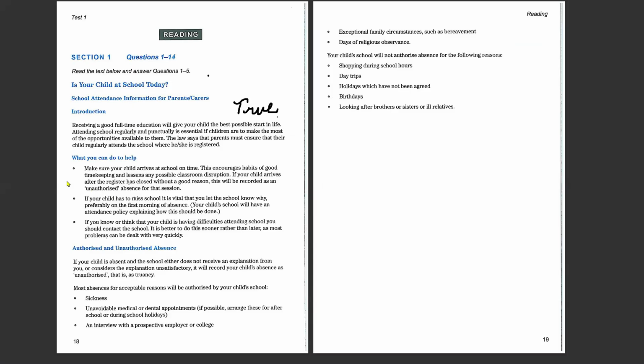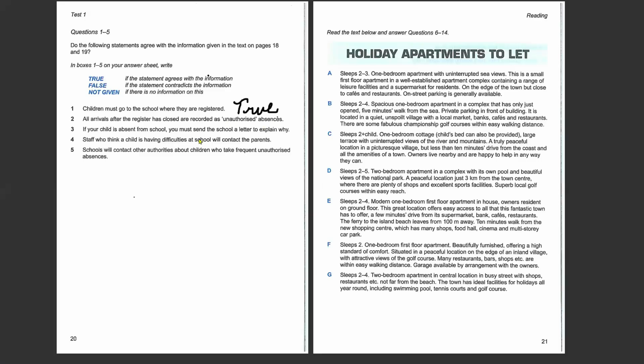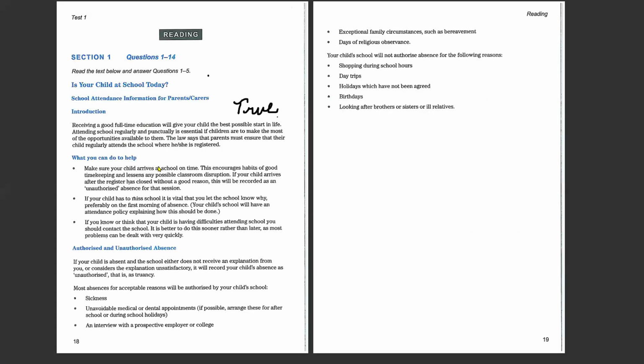Make sure your child arrives at school on time, and if your child arrives after the register has closed without a good reason, this will be recorded as an unauthorized absence. Now, how do we find the location of this one? In the question, we have the words unauthorized absence and register, and in the next paragraph, we have the words register and unauthorized absence.